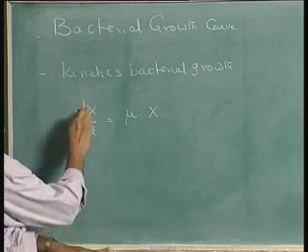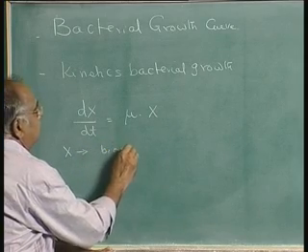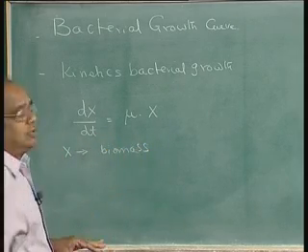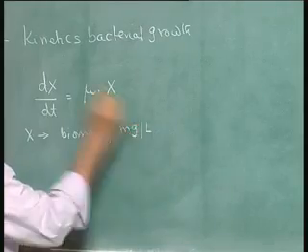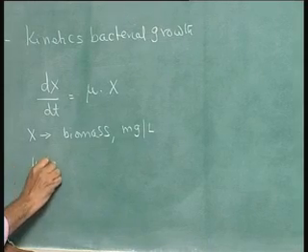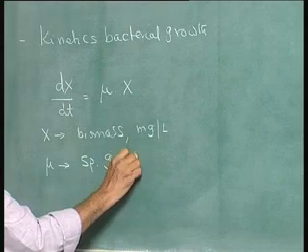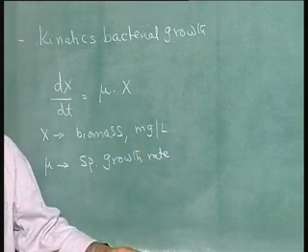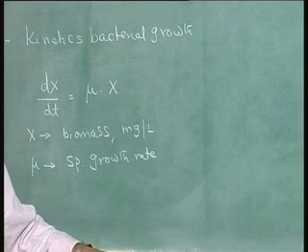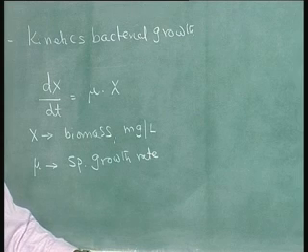Here, x is the biomass, the weight of biomass in milligrams per liter, and mu is the specific growth rate of microorganisms. The specific growth rate is dependent upon the type of food available for the microorganisms and also the type of microorganisms themselves.